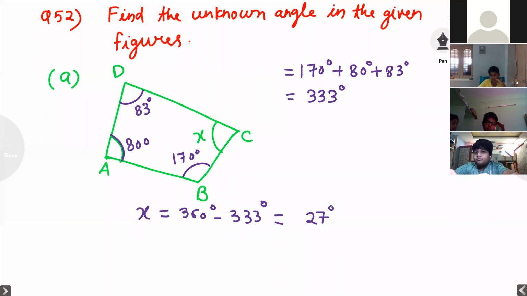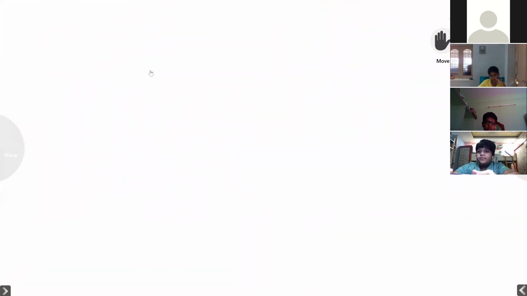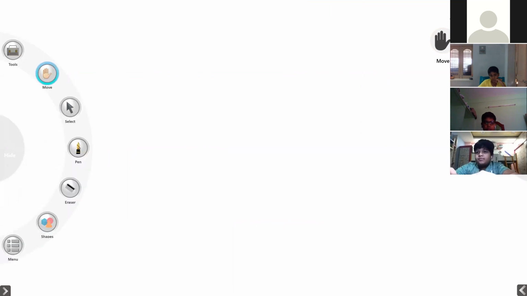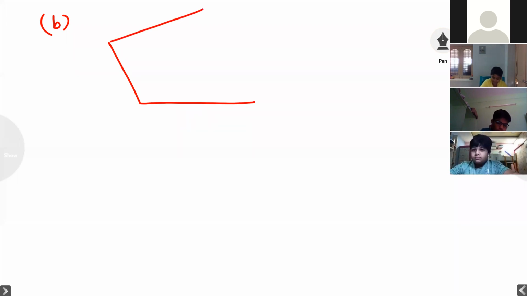52 B question. This quadrilateral name is ABCD.